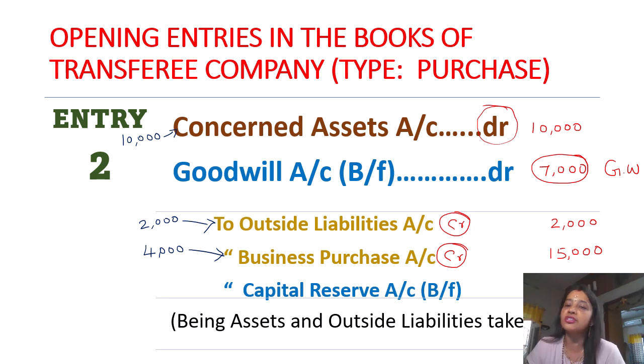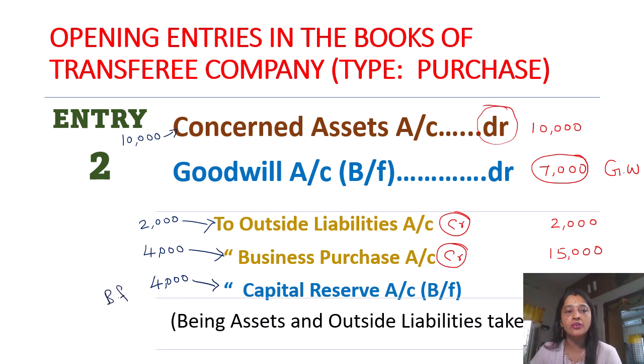In such a case, there is no question of goodwill, because the purchase consideration they paid is very less. So you will get the balancing figure in the credit column as capital reserve. 4 plus 2 is 6, against 10,000, so 4,000 is the balancing figure. So 4,000 is treated as capital reserve.